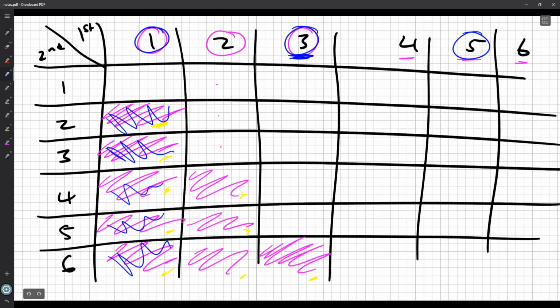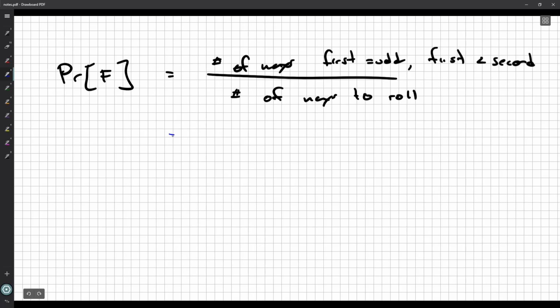If the first die rolls a 3, well, we could have the second die be a 4, a 5, or a 6. If the first die rolls a 5, I still need the second die to be bigger. I need to roll a 6 there. And so once again, we can count 1, 2, 3, 4, 5, 6, 7, 8, 9 possible ways to do that again, out of the total 36.